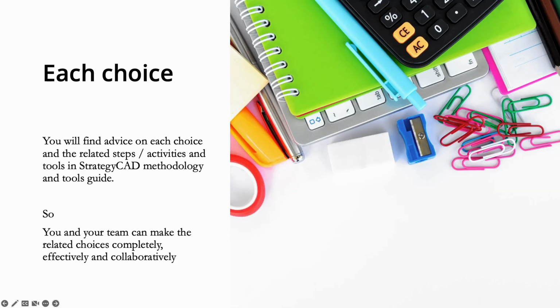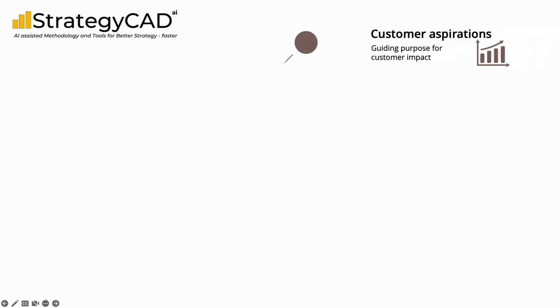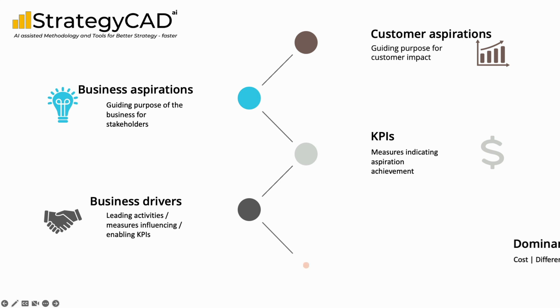We'll have detailed guides for each of the choices, but in this session, let's just look at the roadmap for each choice. Choice 1, aspirations. In aspirations, you'll initially start off by creating your customer aspirations, then your business aspirations.